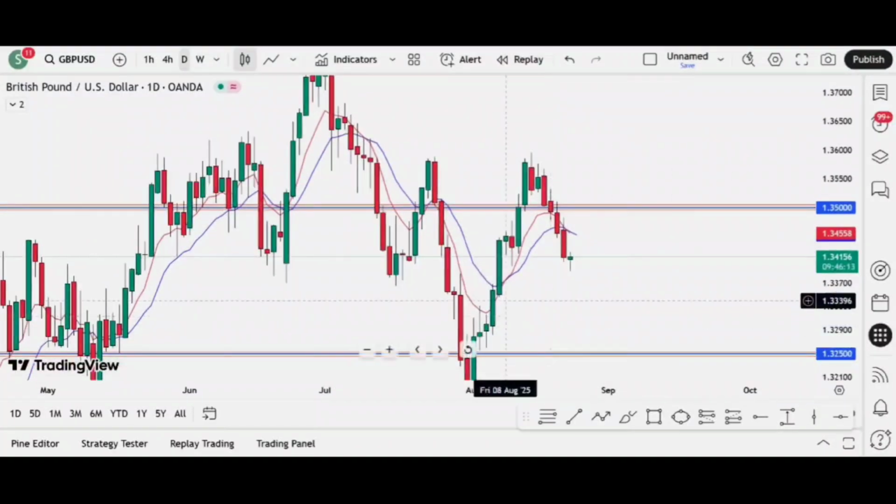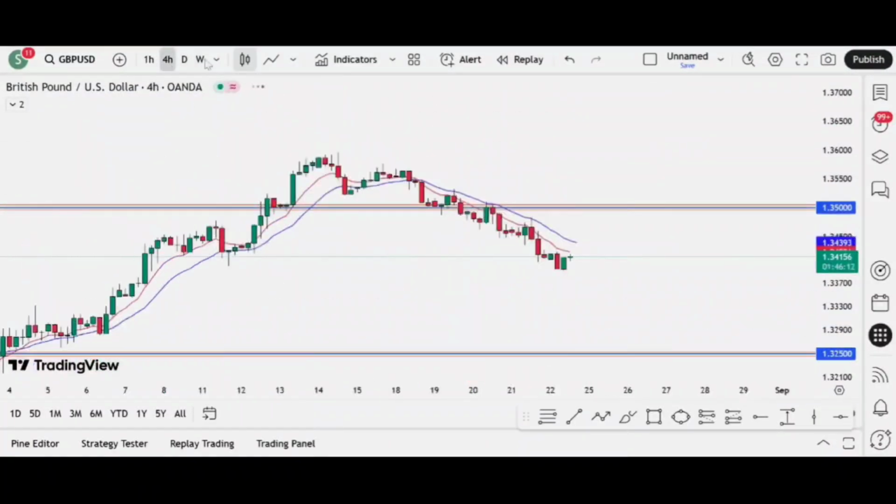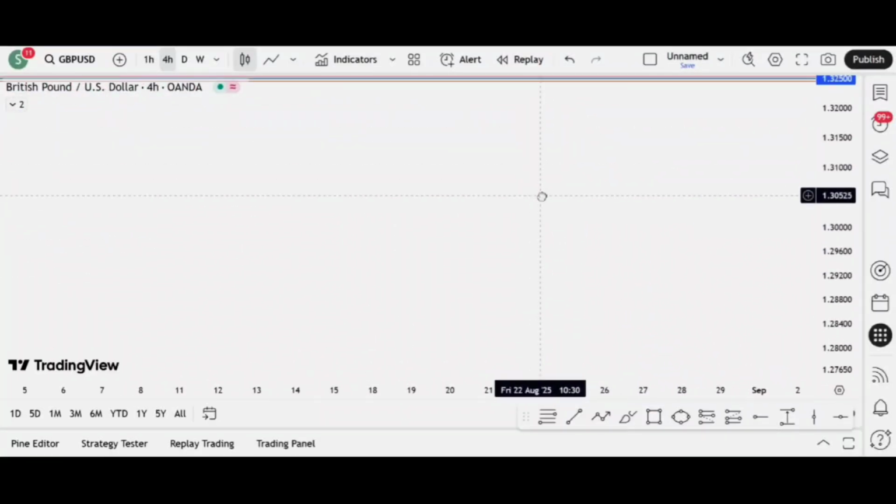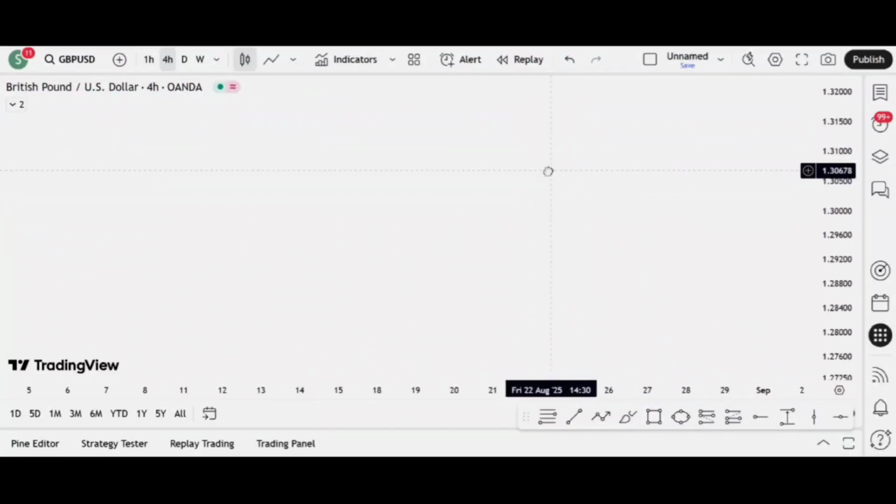So we are going to the 4 hour time frame. Here, I am going to tell you about the structure for downtrend, because in the 1 day time frame our trend is down. I am going to tell you how to understand the structure for uptrend or downtrend.